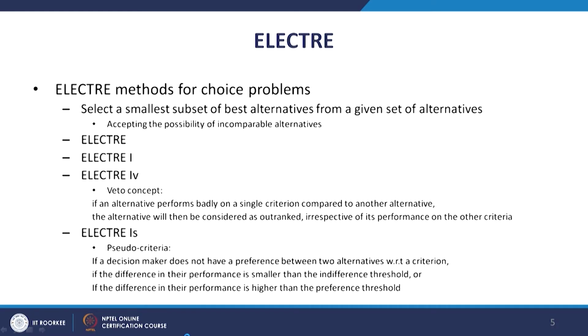Briefly, a few details are given here in the slide. If an alternative performs badly on a single criterion compared to another alternative, the alternative will then be considered outranked, irrespective of its performance on other criteria. So, out of the given set of criteria, if even for one criterion a particular alternative performs badly in comparison to another alternative, then it would be considered outranked irrespective of its performance on other criteria.